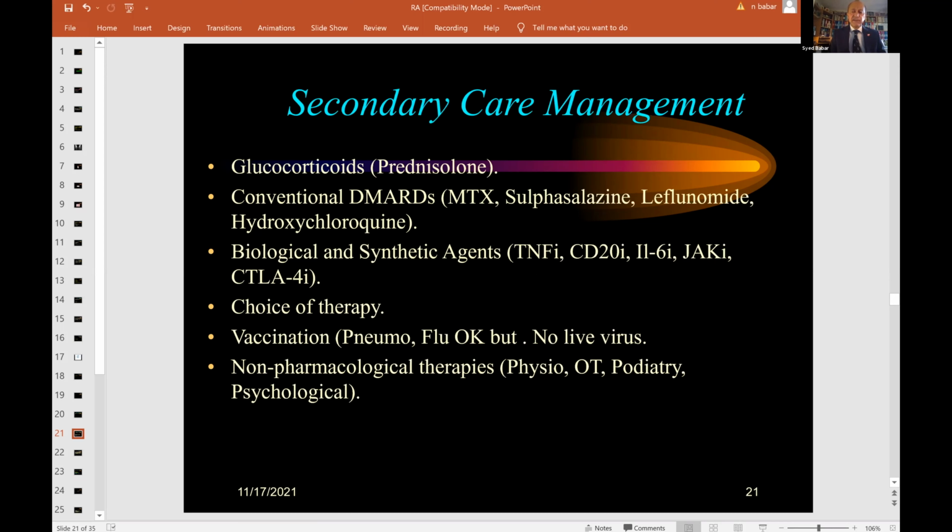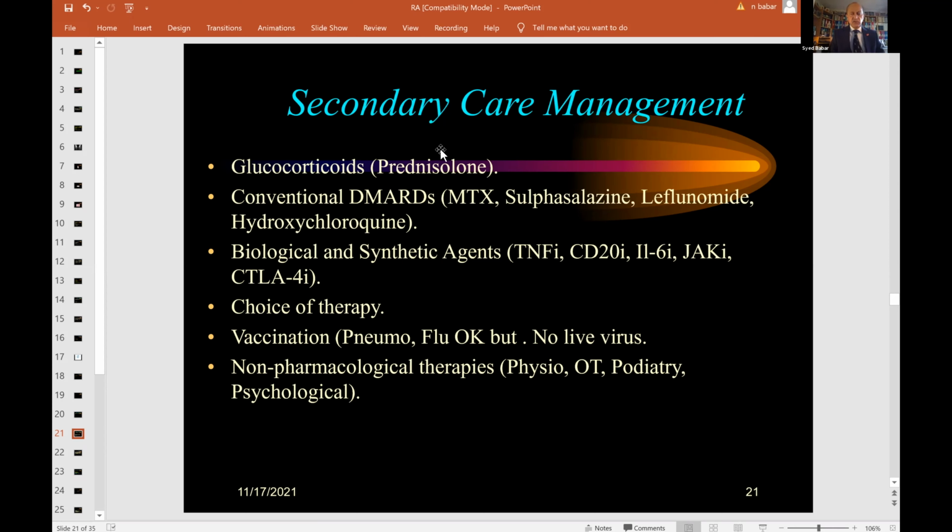Tumour necrosis factor inhibitors, CD20 inhibitors, interleukin 6 inhibitors, JAK inhibitors, or CTLA4 inhibitors could be used. And of course, the list is long, and research luckily is going on, making some changes. There is therefore a choice of therapy for a good outcome to be achieved, which is to target.